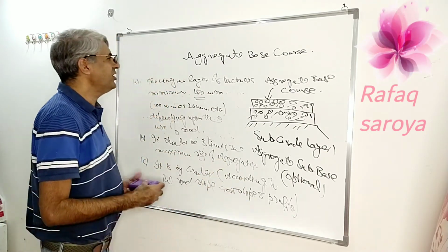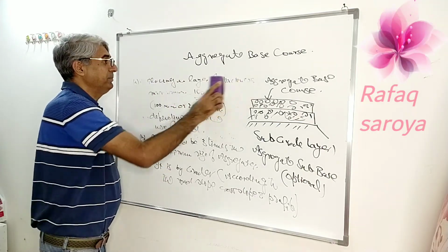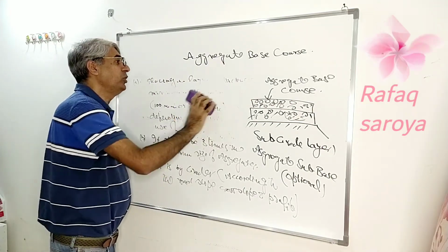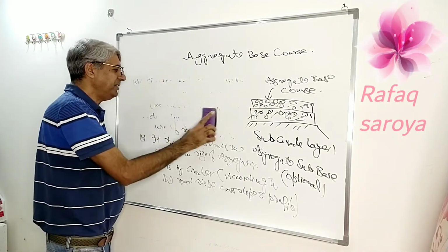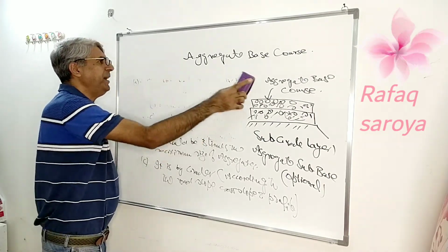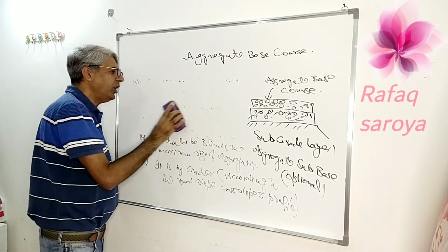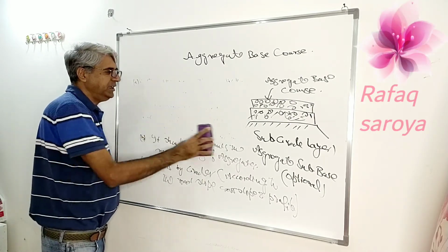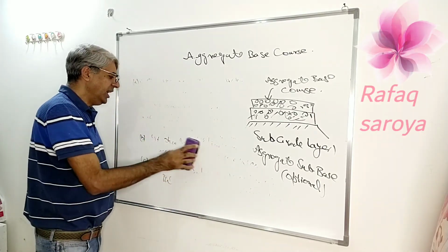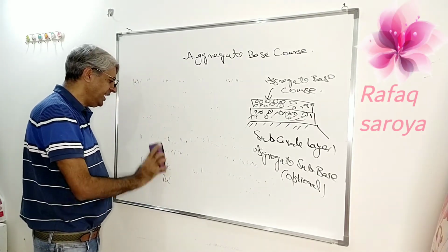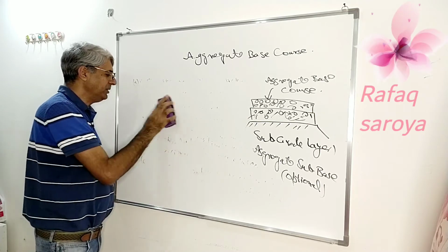When the laying is done, what should be the next step? Very important to know. We have to compact it very well, and its compaction can only be achieved if moisture is added, or you can say that water is added before the mixing of this material.